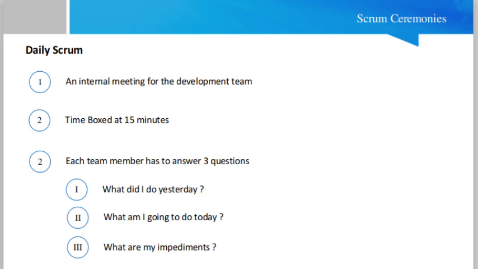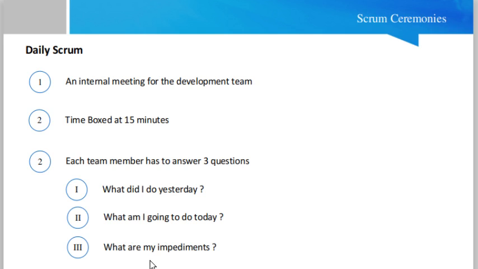The next ceremony is the daily scrum. Daily scrum is another event, an internal meeting for the development team or the Scrum team. It is time boxed to 15 minutes daily, and each team member has to answer 3 questions: what did I do yesterday, what am I going to do today, and what are my impediments, bottlenecks and issues.